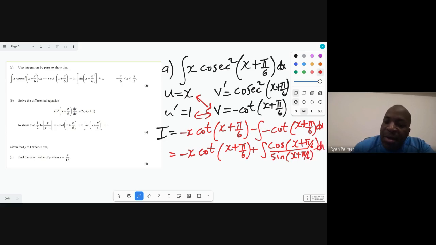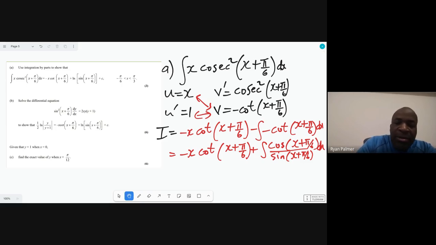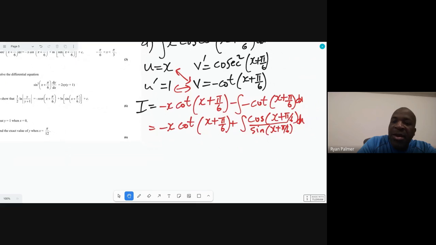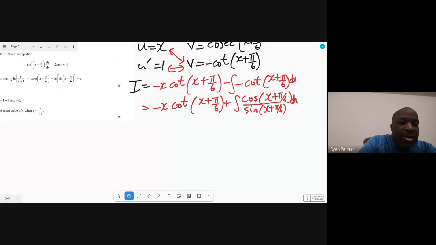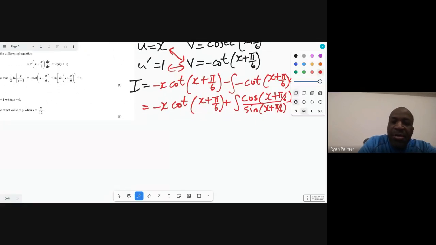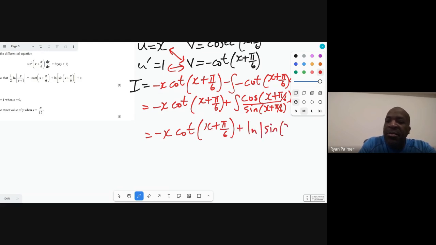When we write it that way, we see that it follows the ln rule. When we differentiate sine, we get cos. So we can apply the ln rule to integrating, and we'll end up with minus x cot (x plus pi by 6) plus ln sine (x plus pi by 6) plus c.